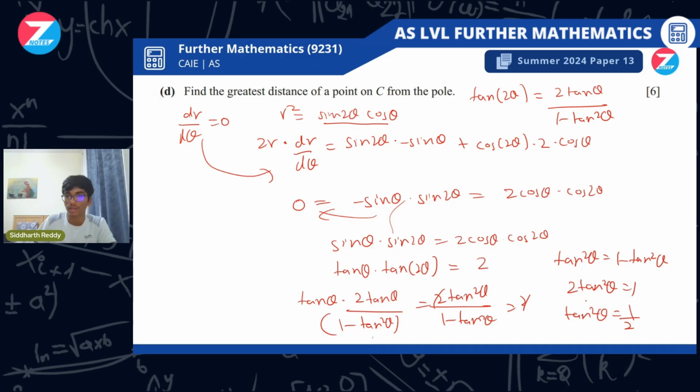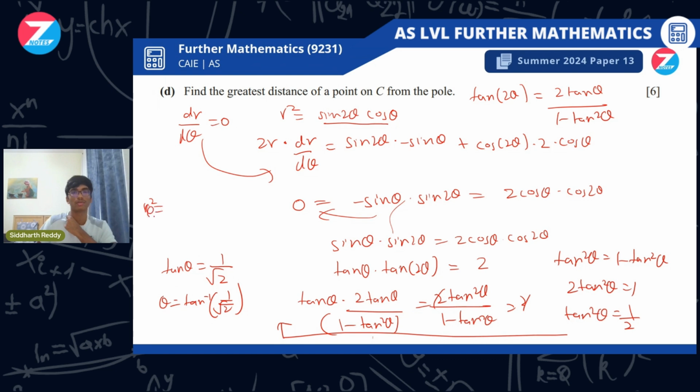And we have finally, okay, I'll write it here. Tan theta is equal to 1 by root 2, where theta is equal to tan inverse of 1 by root 2. So finally, all we need to do is just substitute this in the formula for r square.